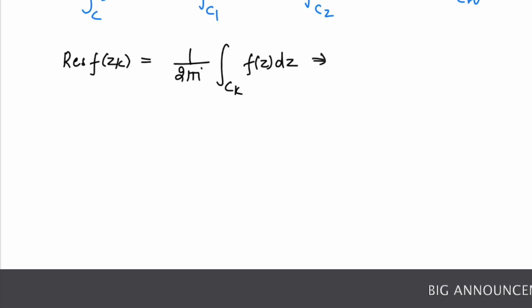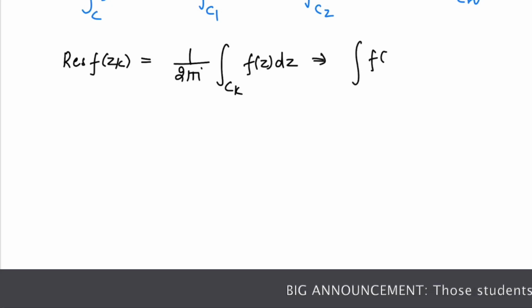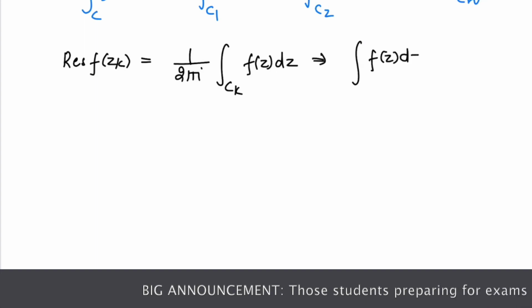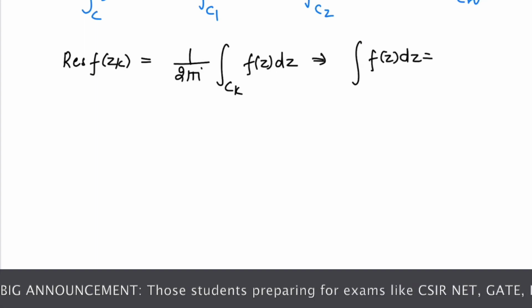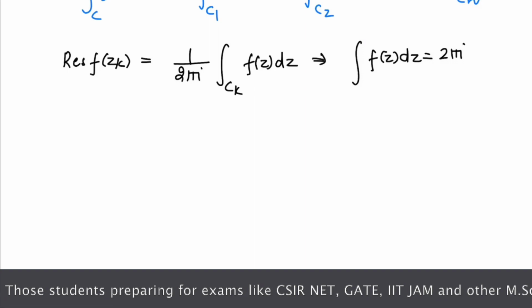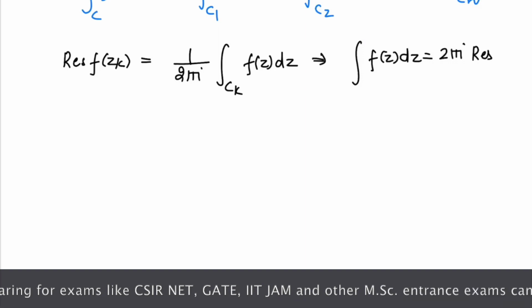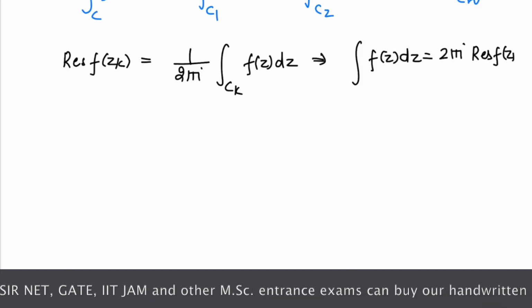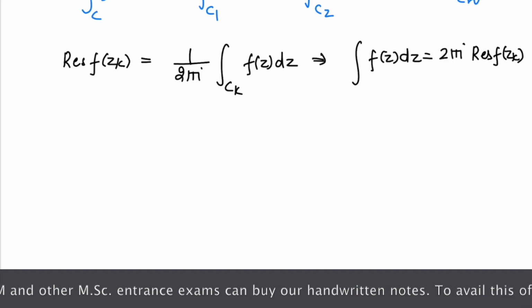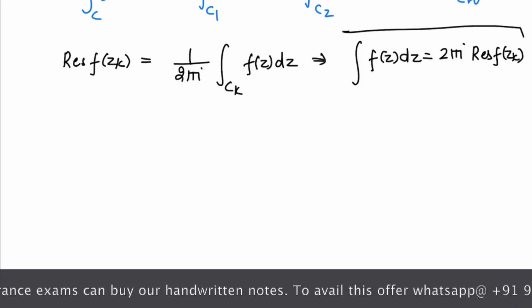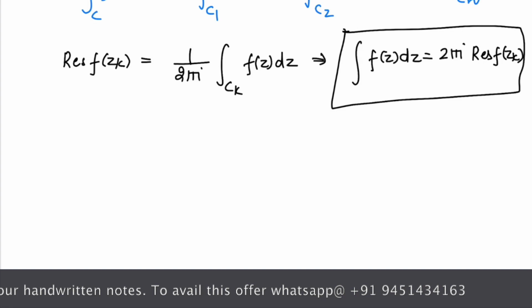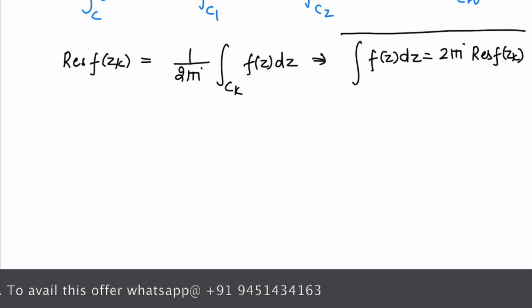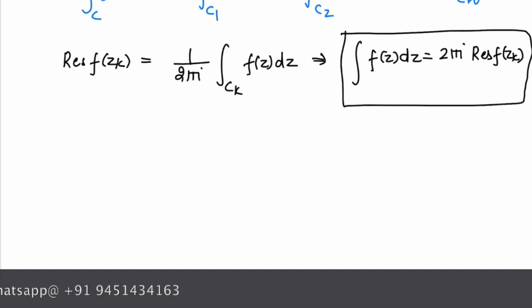So from here we get that the integration of f of z dz equals 2 pi i times the residue of function f of z at point z_k. Now utilizing this formula, we can write the integrals on the right hand side.